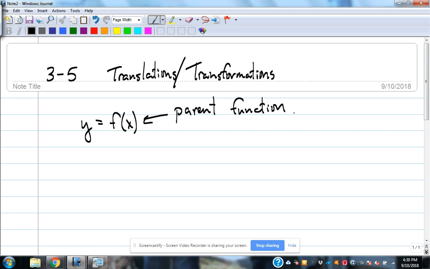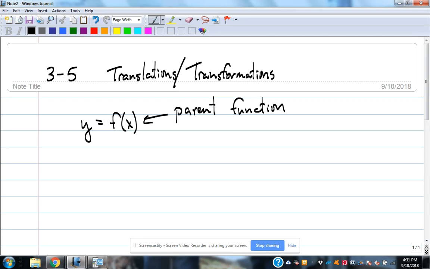The parent function means that's what we're starting with, and usually it will be a very basic function like y equals x or x squared. They may just be generic and say y equals the function f of x, and it really doesn't matter what's going on. They're just going to ask you what translation or transformation happens if you add a 3 here.